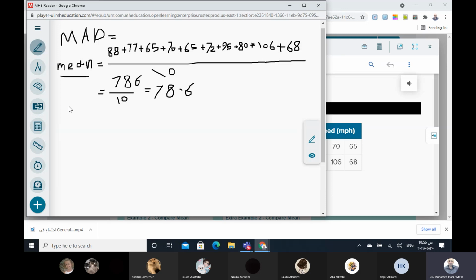The second step, find the distance between the mean and each value. So the first distance, through the absolute value. We have the mean, 78.6 minus 88.